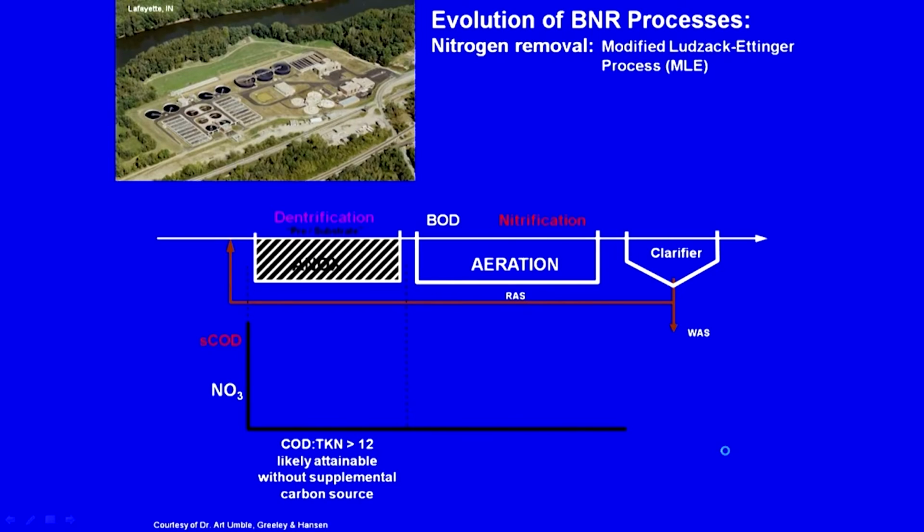So, modified Ettinger process. So, what do we have? This is the similar system as what we had earlier. Let us see, but then we have an internal recycle, right, and looks like this internal recycle is 2Q to 4Q. This is Q, this is Q RAS, and this is 2Q to 4Q. Why are we doing this?